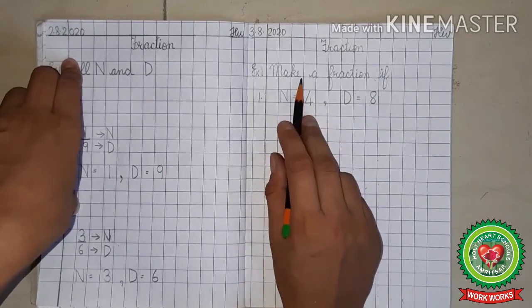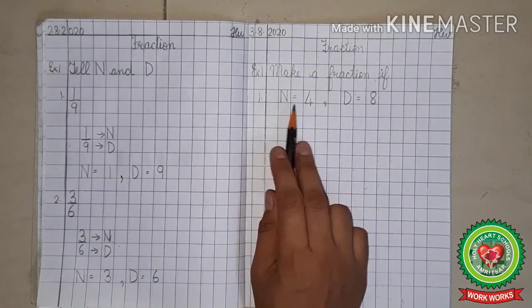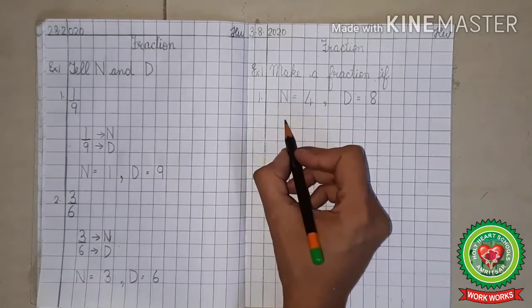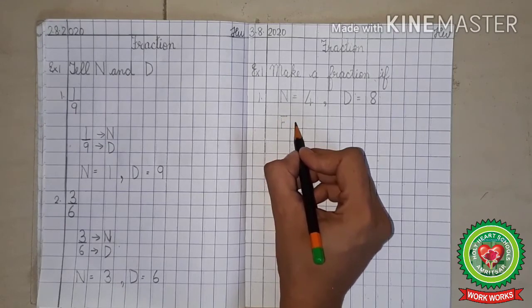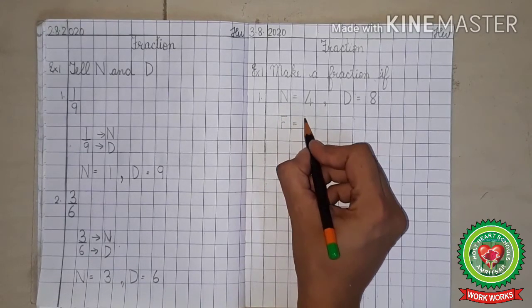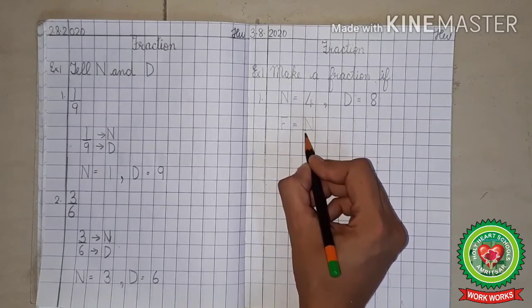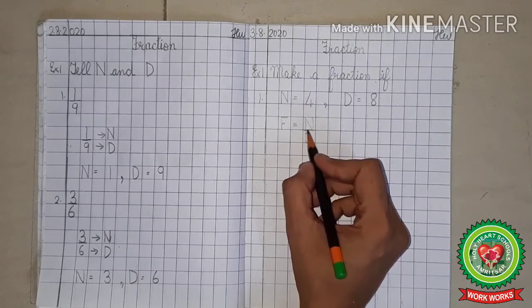Now children, we have to make a fraction, and what is given to us? Numerator and denominator. And we all know that. Now here you will write F means fraction. Fraction is equal to numerator upon denominator. Here you will draw the line which is known as upon, because this is a formula.